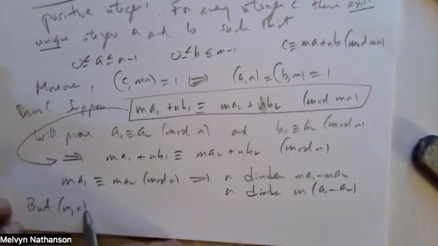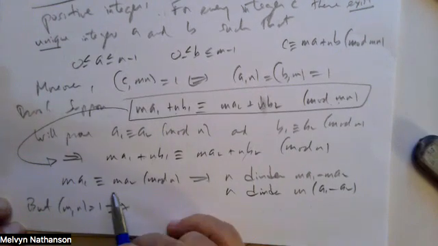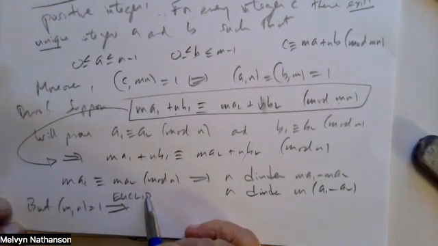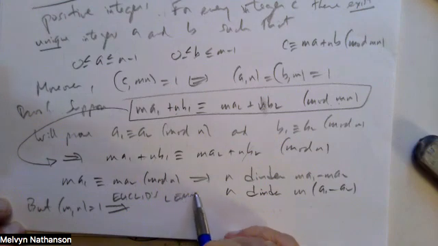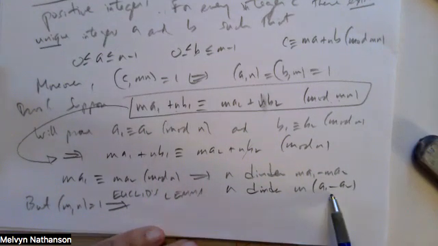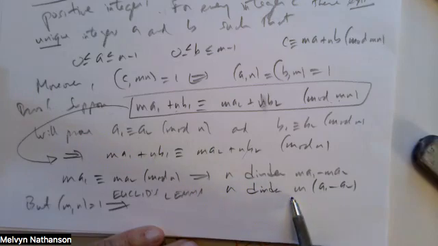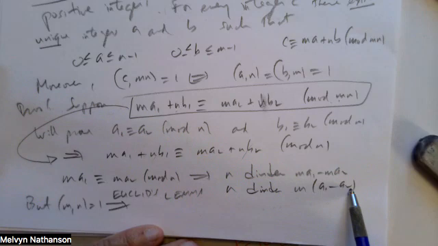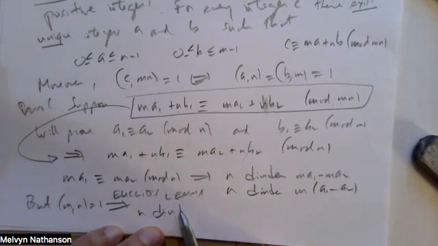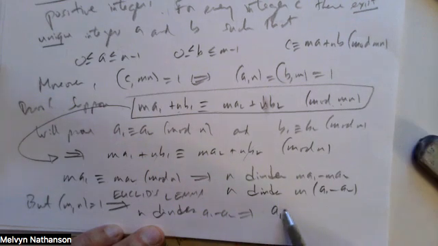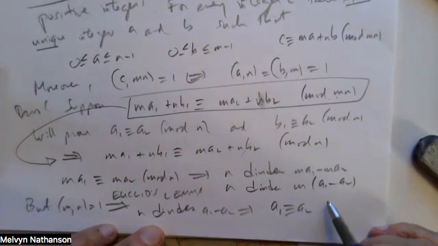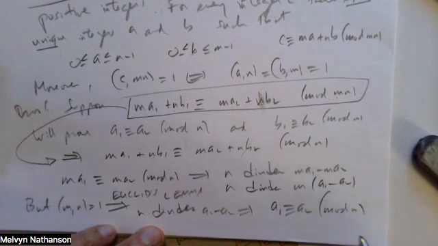But m and n are relatively prime. So we apply Euclid's lemma: if n divides a product of two numbers and it's relatively prime to one, it divides the other. So n divides m times a1 minus a2. n is relatively prime to m, so n divides a1 minus a2, which means a1 is congruent to a2 mod n.